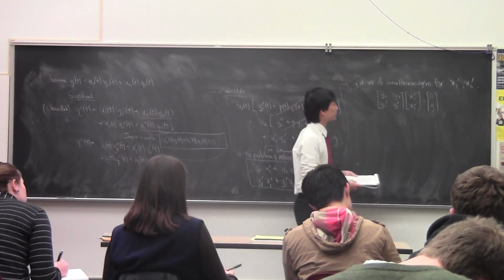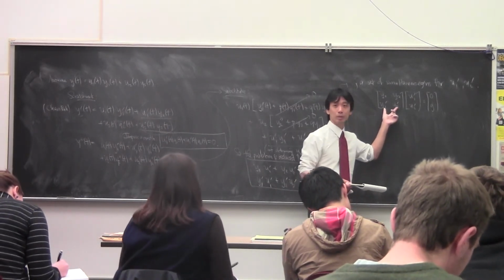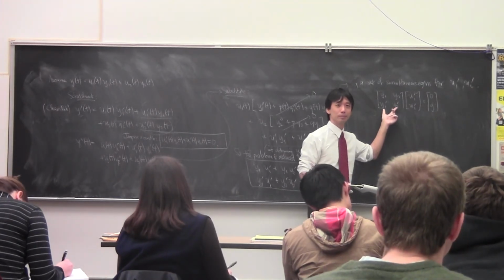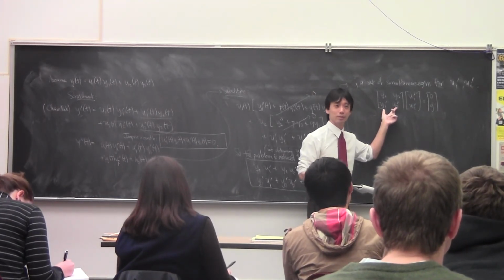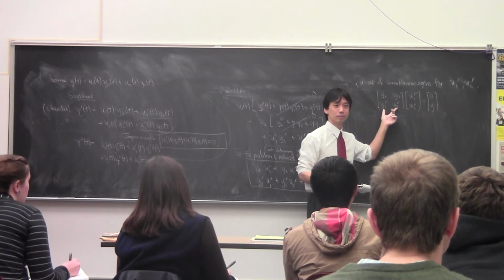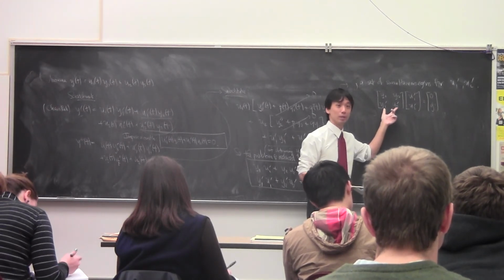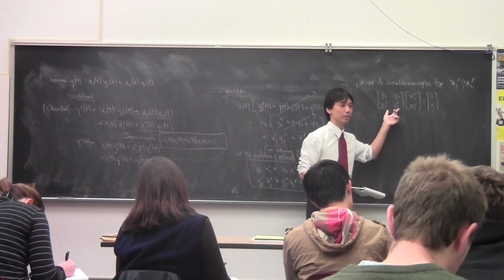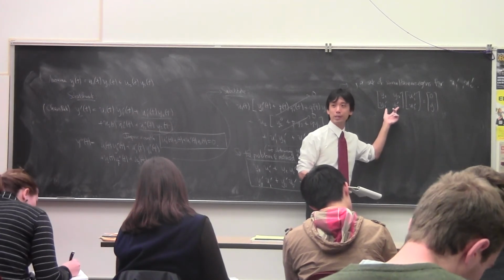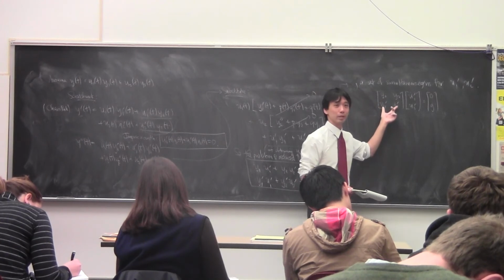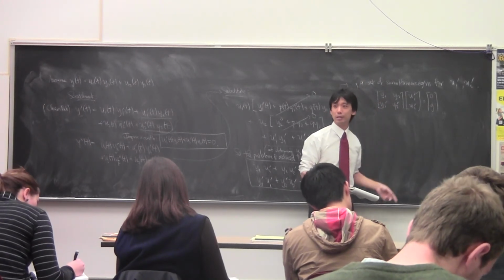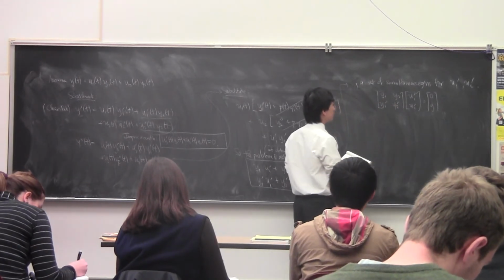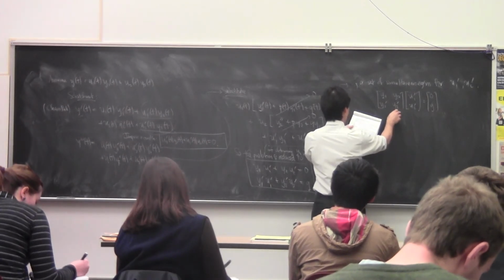And is this matrix invertible? Yes, because the determinant is non-zero, because these are a fundamental set of solutions. They're linearly independent. We know that the Wronskian is non-zero. The determinant of this is the Wronskian, which is non-zero. So the only thing we need to do is take the inverse.